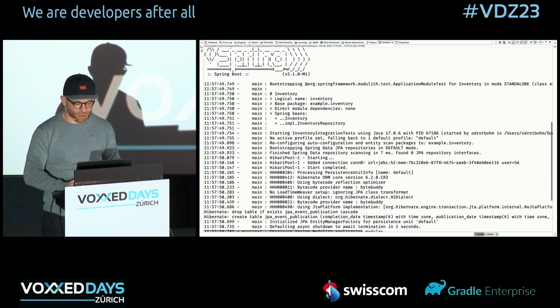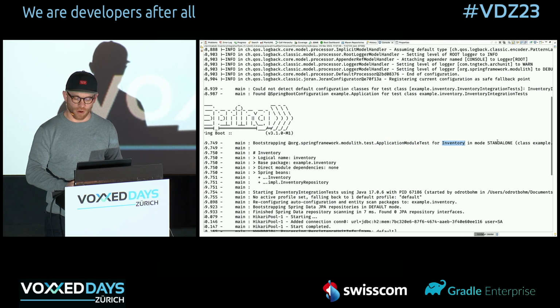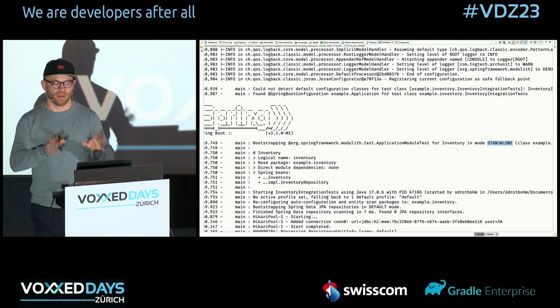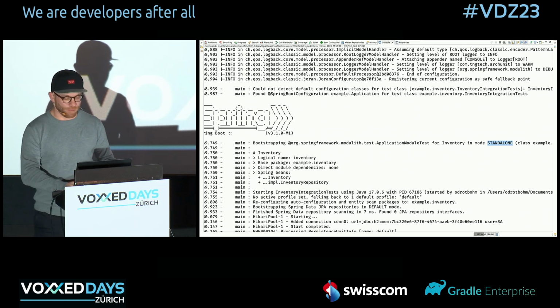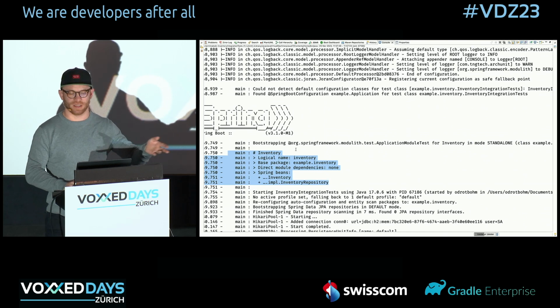It basically prints out what it's doing. So it's an application module test for the inventory in the mode standalone. We're trying to bootstrap a single module only, and it prints out the modules that it actually bootstraps.